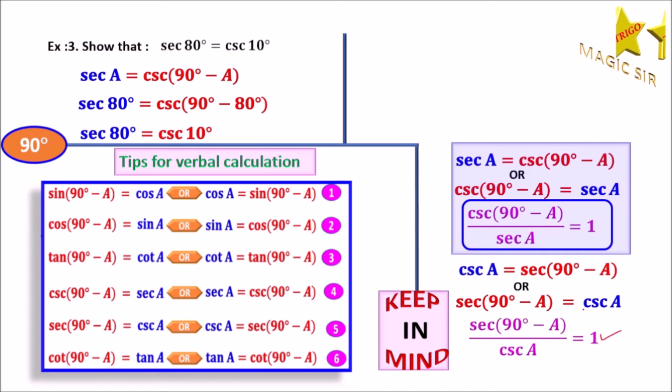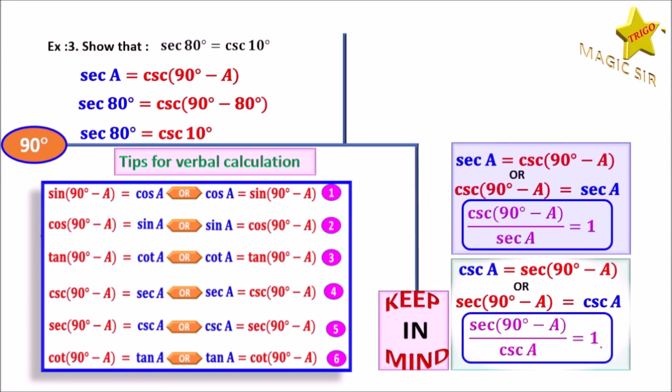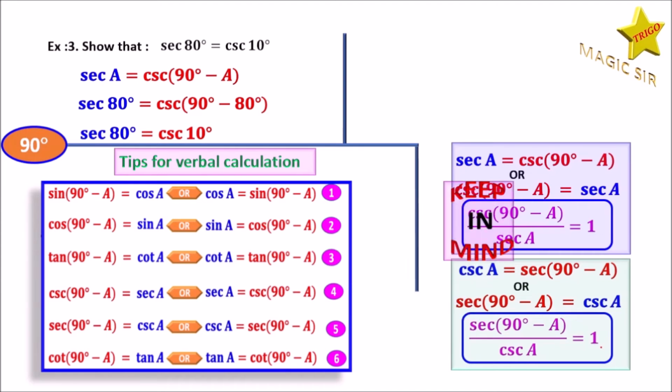Therefore, sec of 90 degrees minus A upon cosec A is equal to 1. These are the important results for verbal calculation.